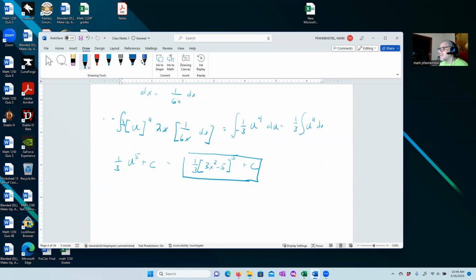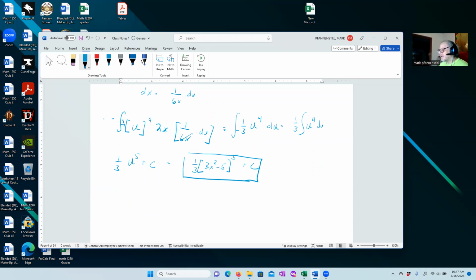But what's going to happen here is all of these x's have to cancel. Notice after I've made a substitution, there are no more x's in this problem. It's all in u's, or whatever letter you want to pick. We can't mix and match variables in here. They have to be all the same variable.